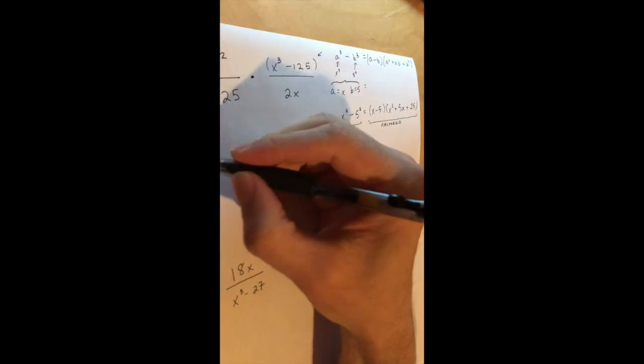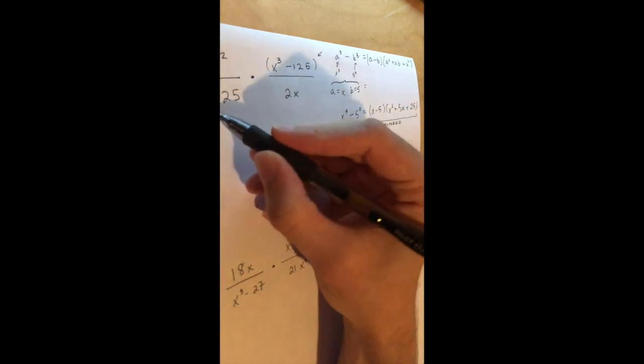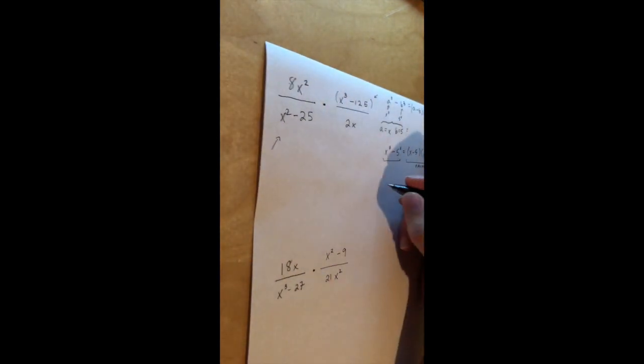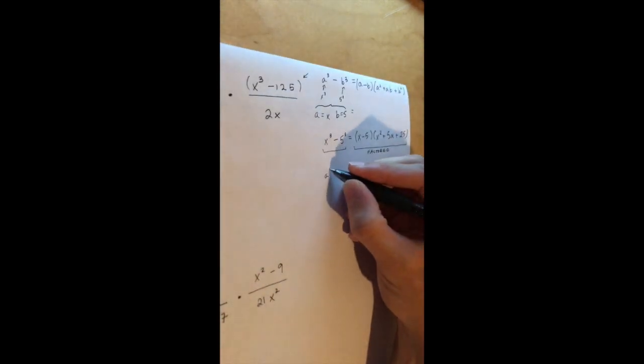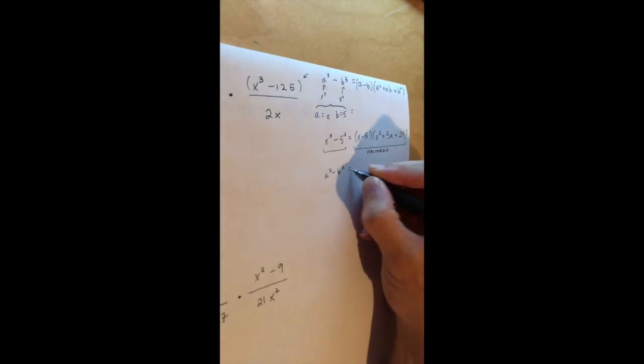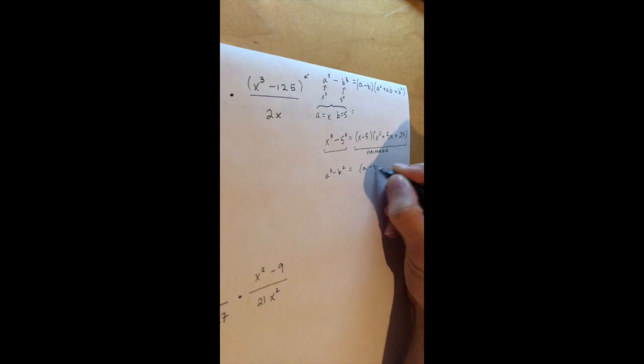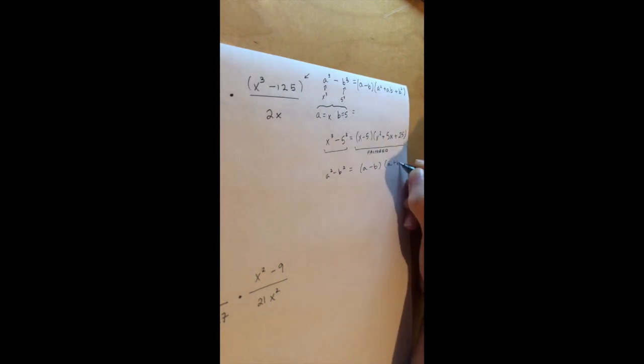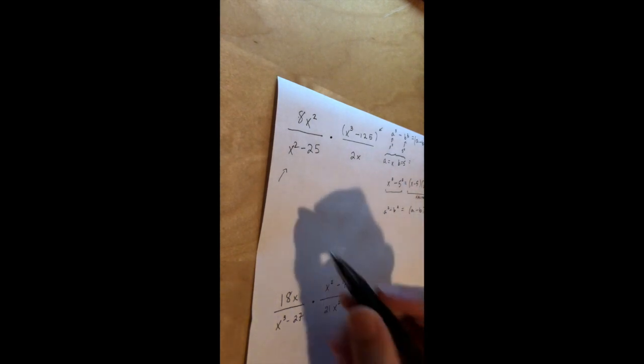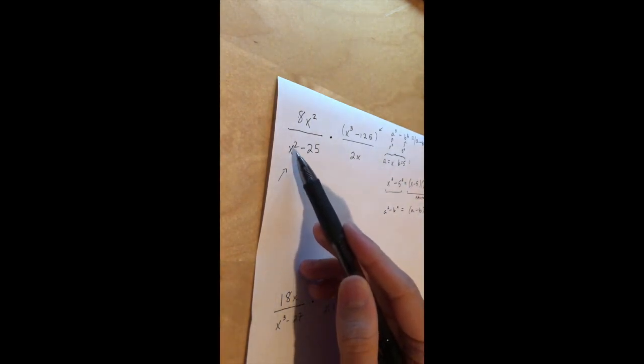Now, I'm going to go ahead and work out this: what is x squared minus 25? There's a formula for that too. It looks like a squared minus b squared is equal to (a minus b) times (a plus b). And we can see that this x squared minus 25 fits the pattern because x could be a. It has to say a squared.